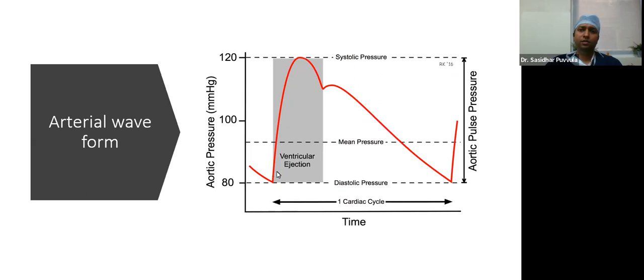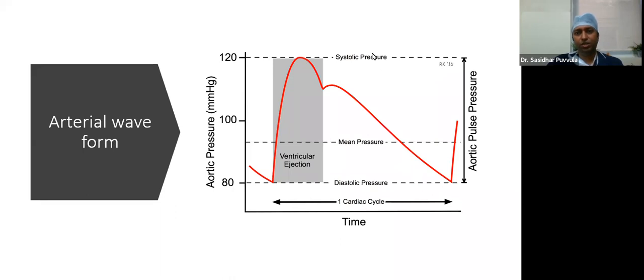The area under the entire arterial waveform can give you information about the stroke volume. So if you can determine the area under the arterial waveform, you can determine the amount of volume pumped by the left ventricle in one beat.